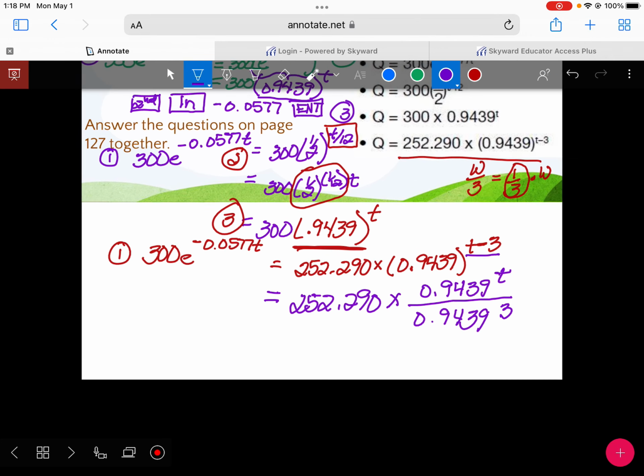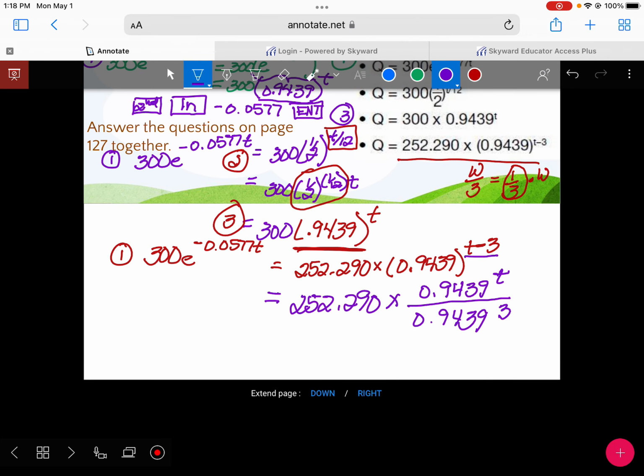Okay. And how does that help us? T minus 3. We're dividing, so it's t minus 3.